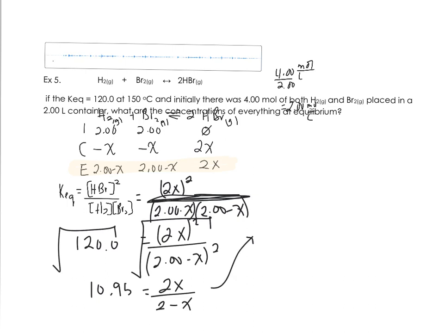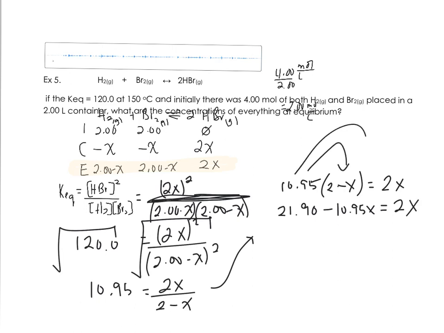Okay, so 10.95 times 2 minus x is equal to 2x. So 21.9 minus 10.95x is equal to 2x. Just did a little bit of algebra.